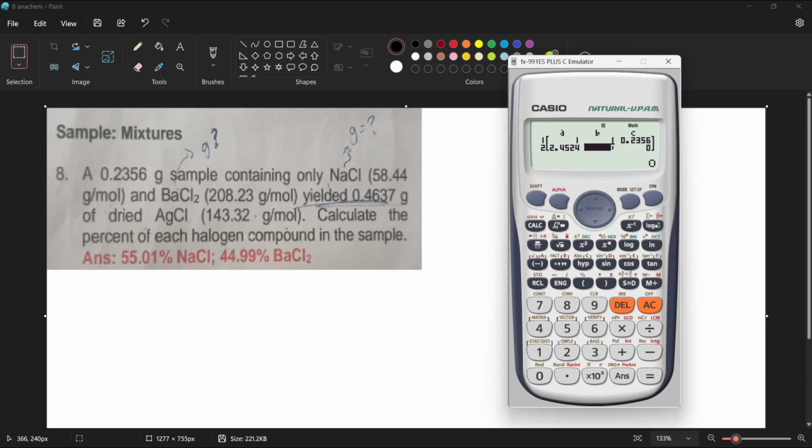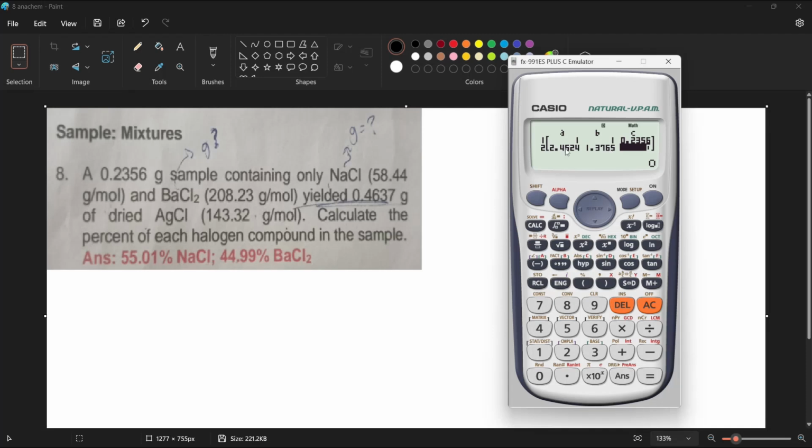Since AgCl only has one chloride ion, whereas BaCl2 has two, we need to add a coefficient of 2 to our AgCl. So 143.32 times 2 divided by 208.23, and then we press the equal sign.